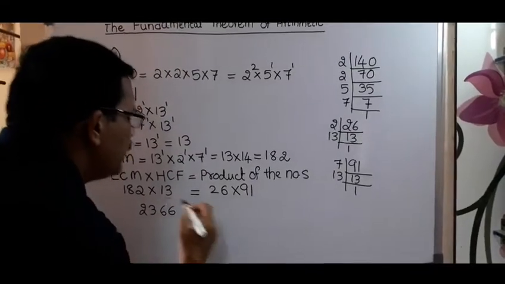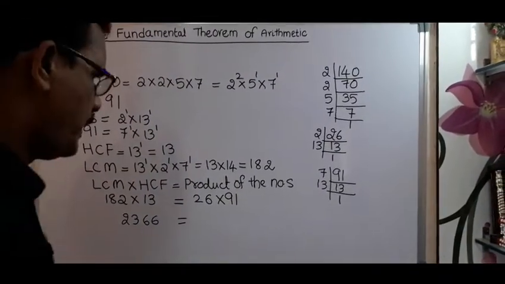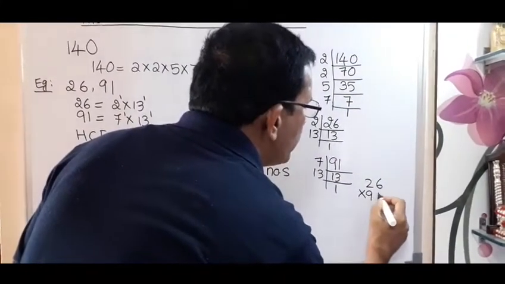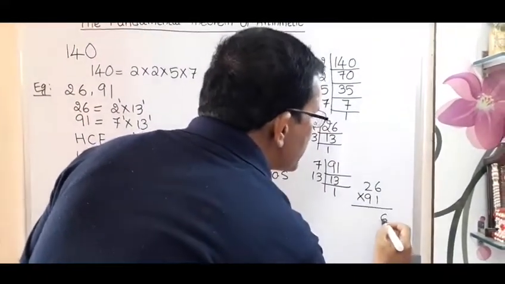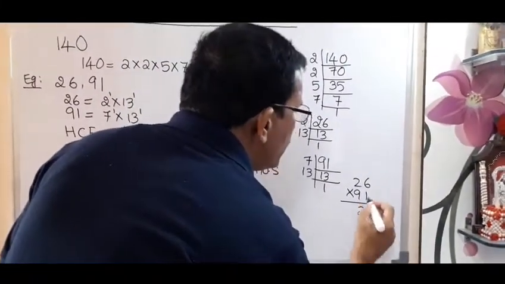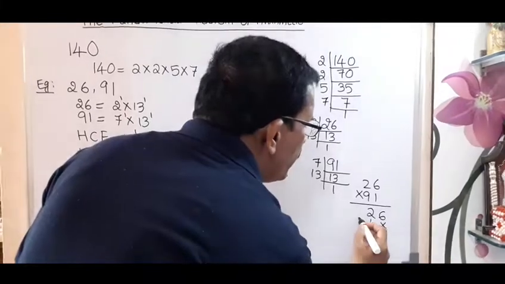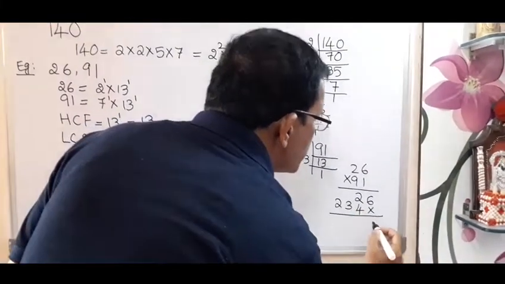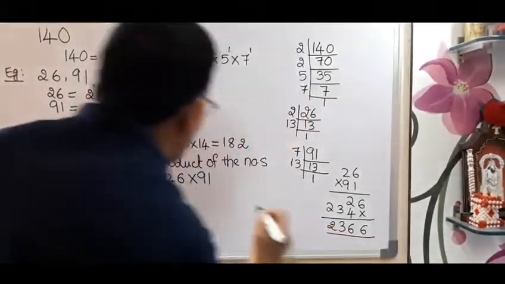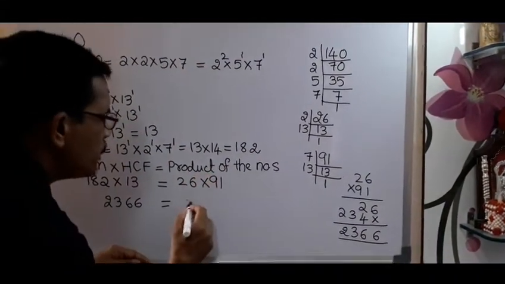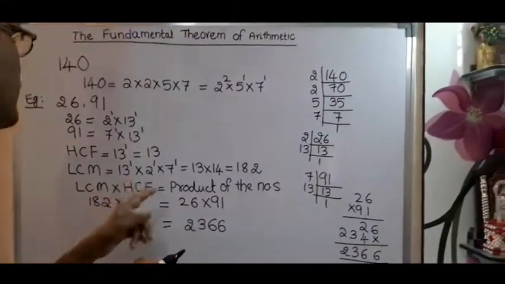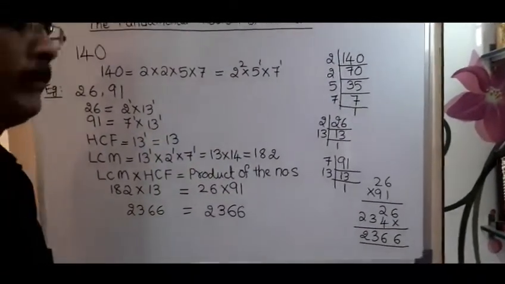Here we will see the product of 26 and 91. 1 6 is 6, 1 2 is 2, 9 6s are 54, 9 2s are 18 plus 5 is 23. 2366. So here also we are getting 2366. So LCM into HCF is equal to the product of the numbers.